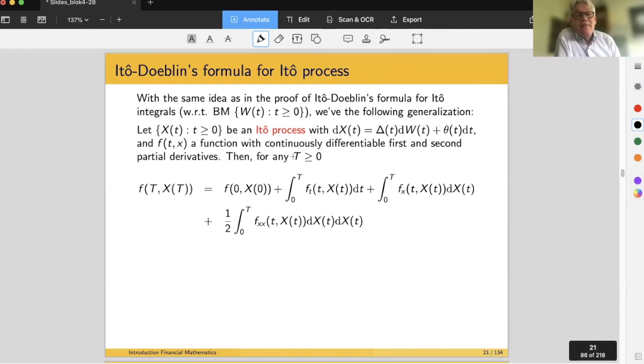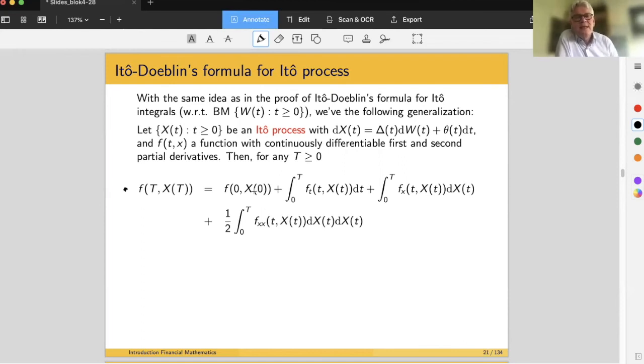Then, for any time capital T larger or equal to 0, we have the following expression. f of capital T and x capital T is equal to f of 0, x0, plus the integral from 0 to capital T of df dt with arguments t and x t dt, plus the integral from 0 to t of df dx of t and x t dx t, plus 1/2 the integral from 0 to t of the second derivative of f with respect to x at t, x t, dx t dx t.